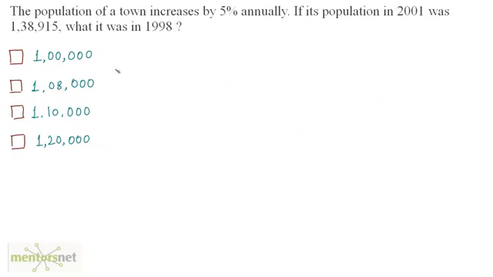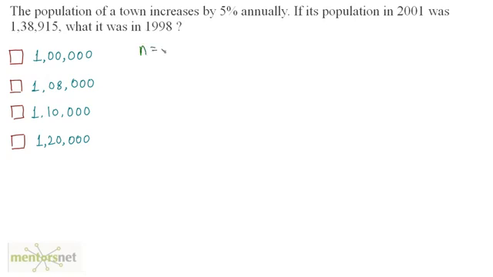The population of a town increases by 5% annually. If the population in 2001 was 1,38,915, what was it in 1998? Well, let us first calculate the number of terms, the n. So the total number of years from 1998 to 2001 are 3.